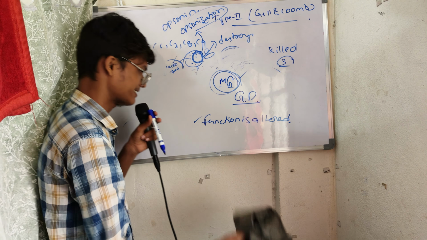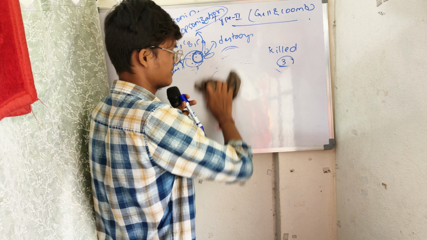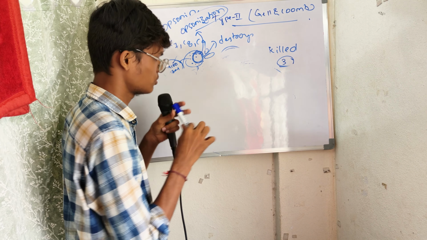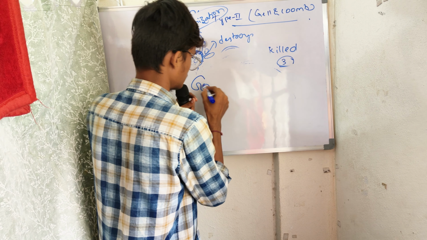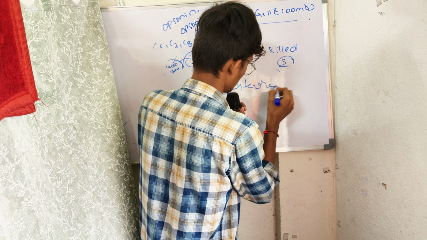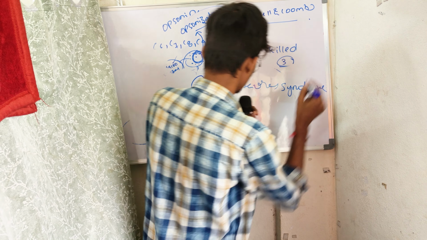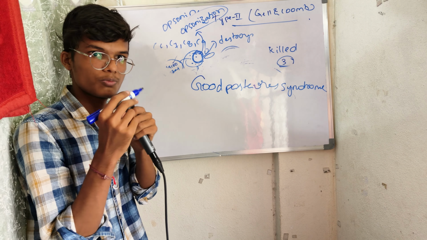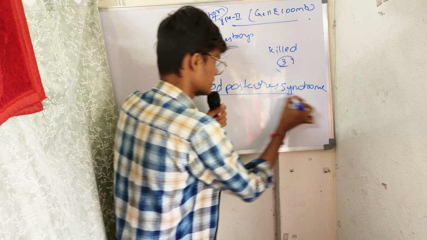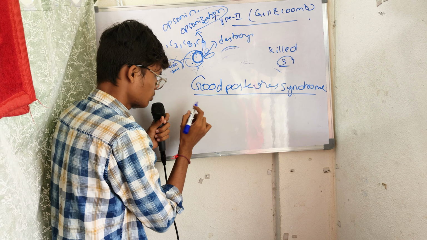Here there is one example of an important disease, that is Goodpasture syndrome. What happens in Goodpasture syndrome? See, two organs are affected.